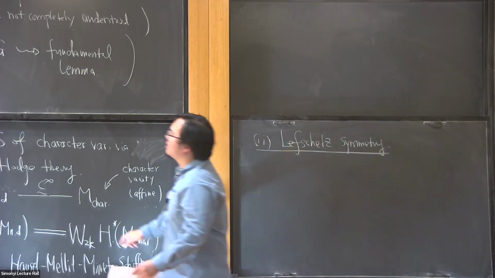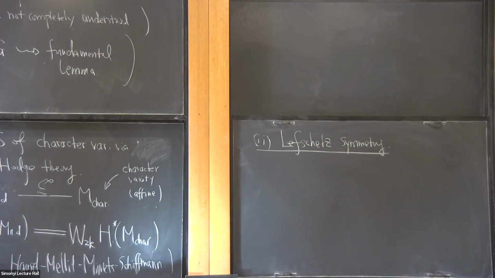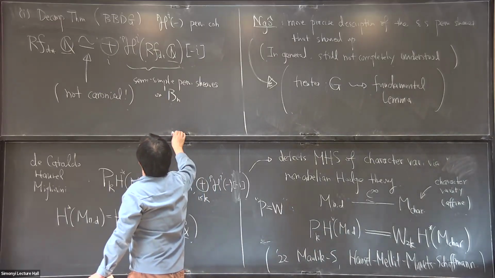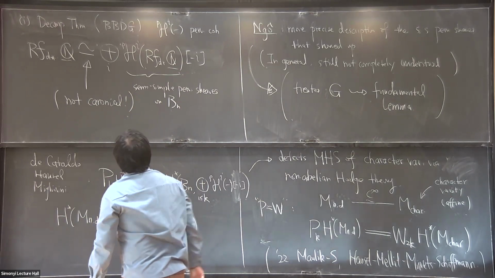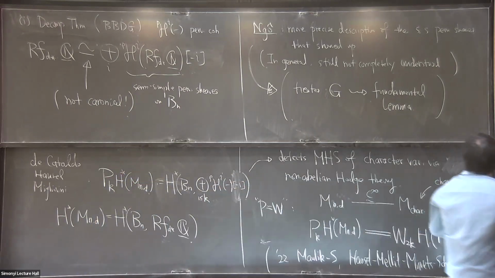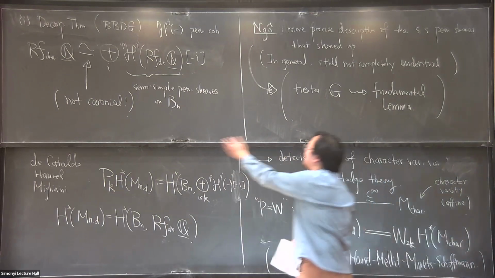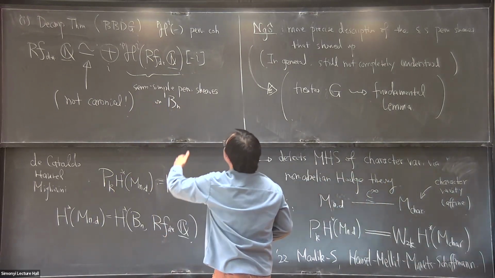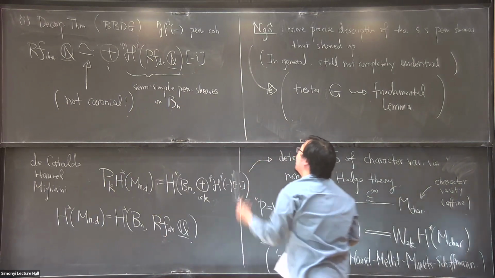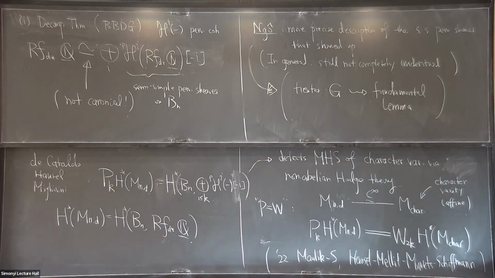So here we have a list of perverse sheaves going from 0 to twice the relative dimension, but actually you don't really get that much information. You only get half of this information because these perverse sheaves are symmetric with respect to the Lefschetz operator.